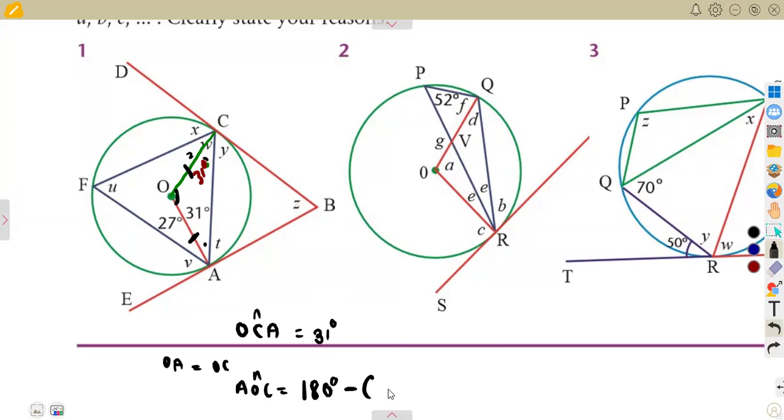So if we subtract the 31 degrees and the 31 degrees from 180 degrees, we are going to obtain angle AOC. 31 plus 31 is 62, and 180 minus 62 gives us 118 degrees. So angle O is 118 degrees.